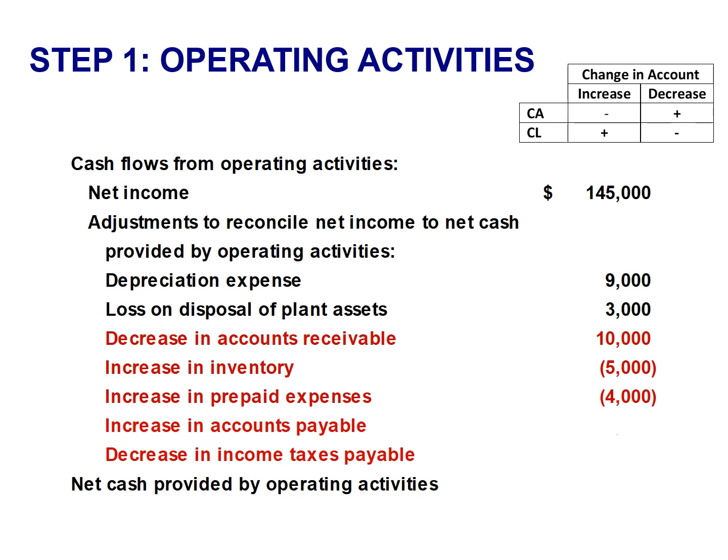Our prepaid expenses increased, so you'll subtract that, whereas our accounts payable increased, so you're going to add that back to net income. And lastly, our income tax payable decreased, so you're going to subtract that from income. Again, if you add all these adjustments, you will arrive at the net cash provided by operating activities of $172,000.